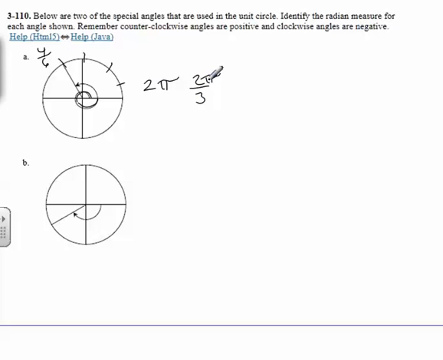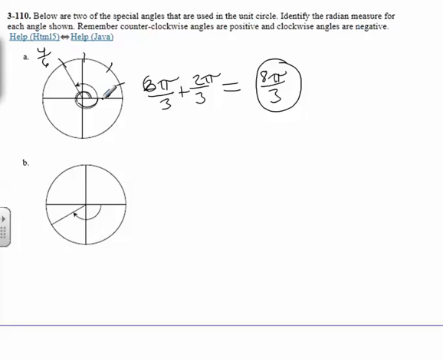And I need to add these together, so I need to make a common denominator here, thirds. So if this is thirds, then it's 6/3. So 6/3 plus 2/3, I've got 8 pi over 3.